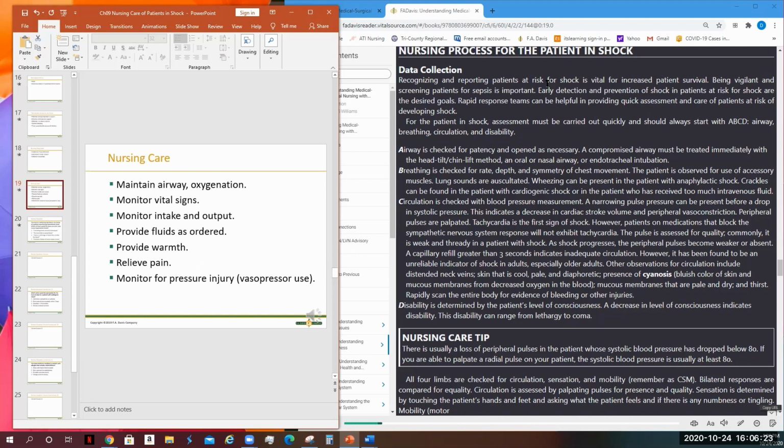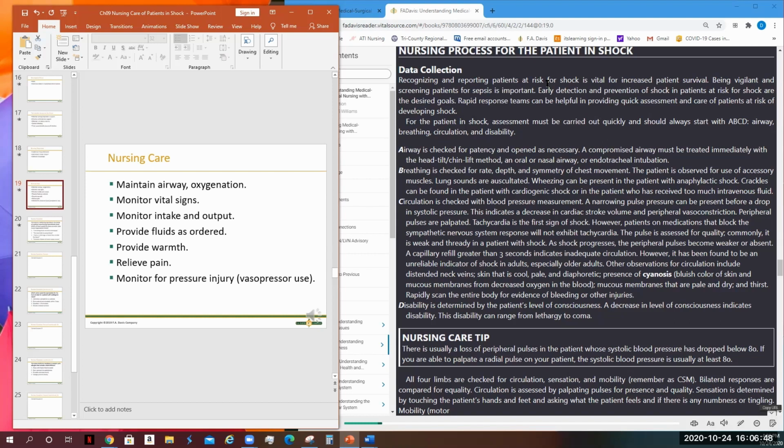A compromised airway must be treated immediately with the head tilt/chin lift method, an oral or nasal airway, or an endotracheal intubation. Breathing is checked for rate, depth, and symmetry of chest movement.